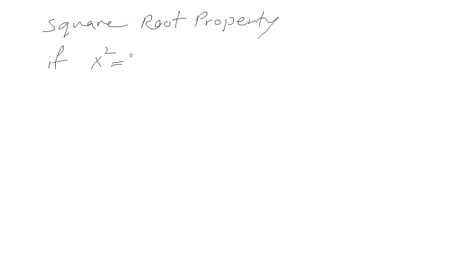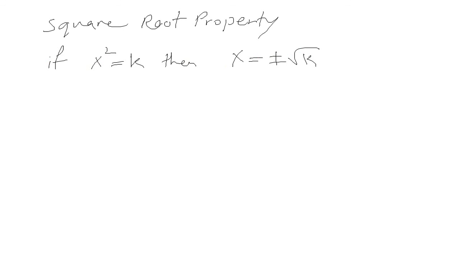Another technique that you can use for solving quadratic equations is called the square root property. Square root property says if x squared equals k, then x is plus minus radical k.